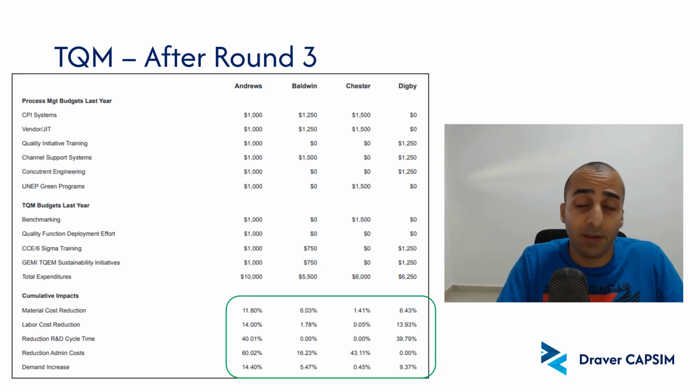By round 3, after we do the full investment, we reach almost 12% and 14% of material and labor cost reduction. R&D time is going to be 40% lower, administrative cost 60%, and the demand increase is 14.4%. Those are very high numbers, and this is going to create a very big advantage for you over your competitors.